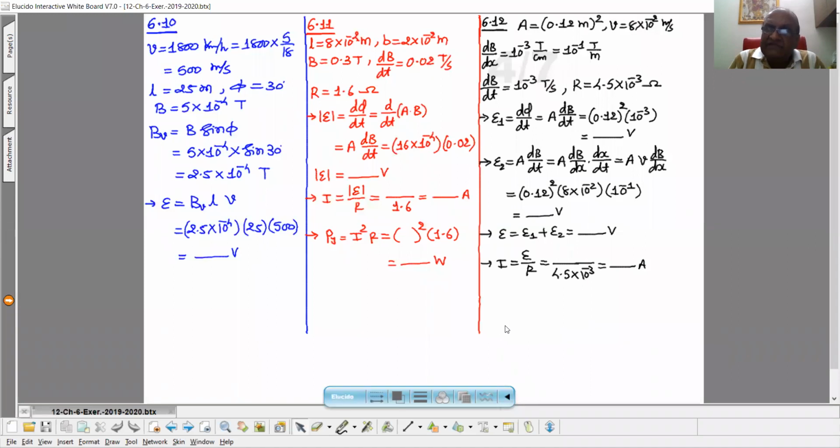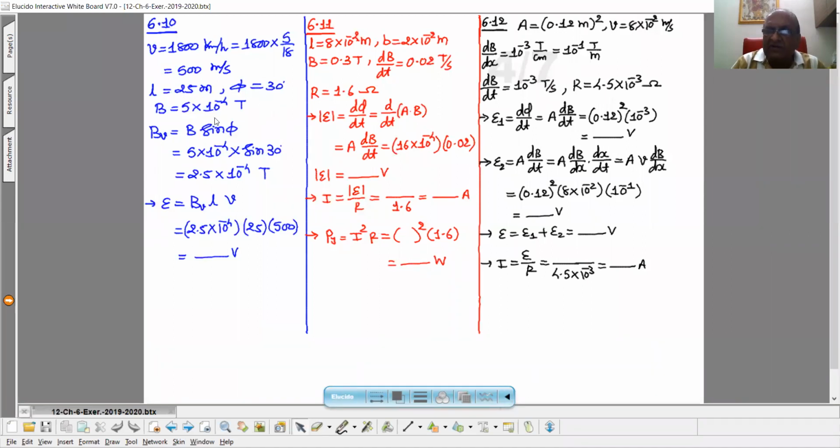So with the help of this angle of dip, first of all, we have to calculate the vertical component of Earth's magnetic field. Now see, the speed of the plane that is given to you is 1800 km per hour. That is 1800 into 5 by 18, that is 500 meter per second. Length of the wings is 25 meter, phi is 30 degree.